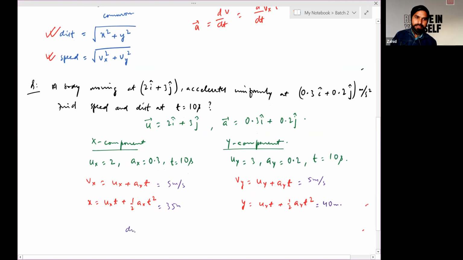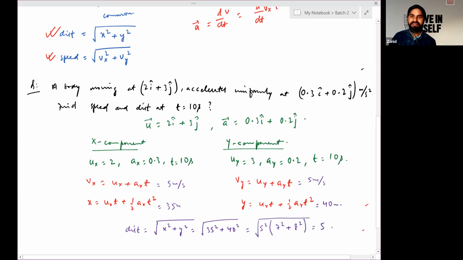Now to get distance, it will be root under x squared plus y squared, root under 35 squared plus 40 squared. You may take 5 squared as common, so you are left with root under 7 squared plus 8 squared.